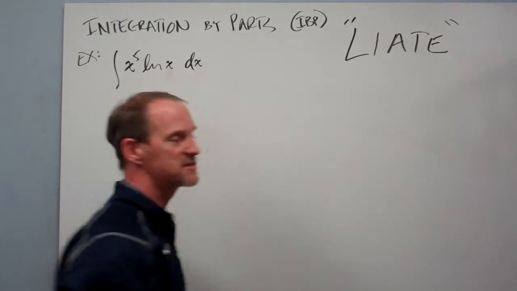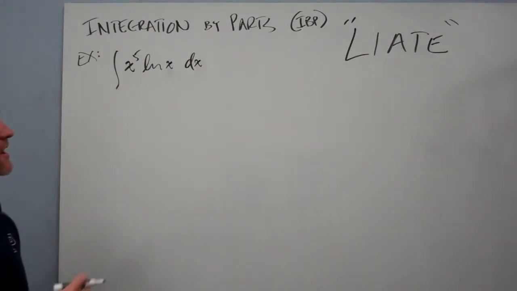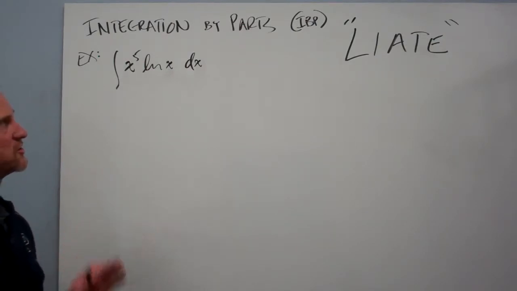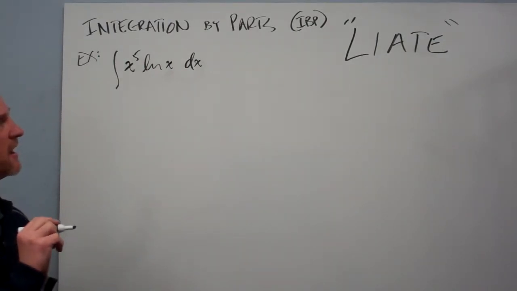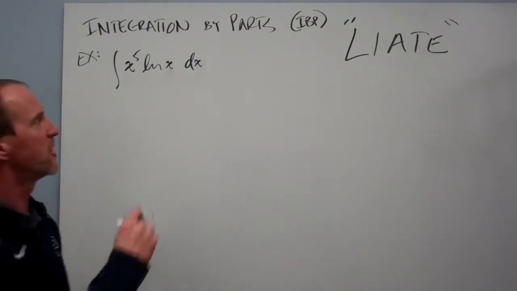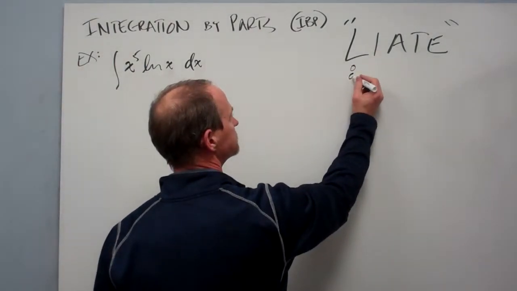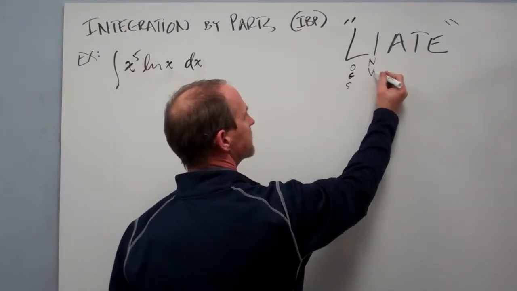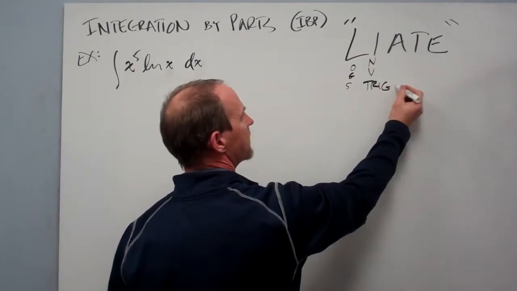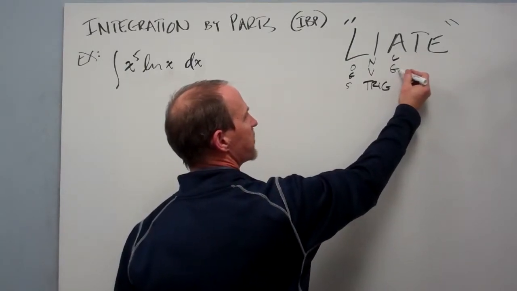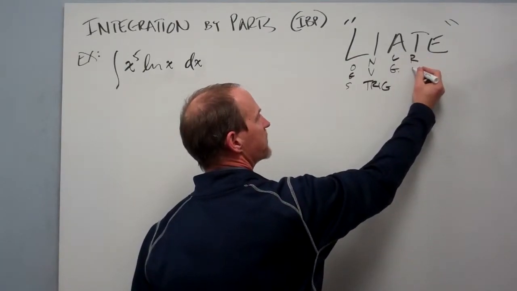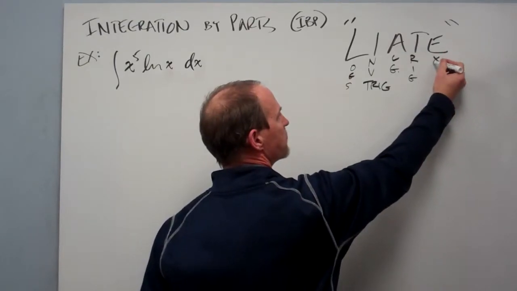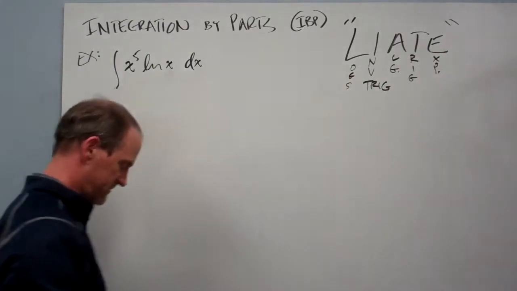And this sort of ranks in order the primacy of what we're going to choose to make our u, and then the leftover bit will be our dv part. So this stands for logs. Then the inverse trig stuff, then any algebraic expression, then regular trig, and then exponentials, all right?